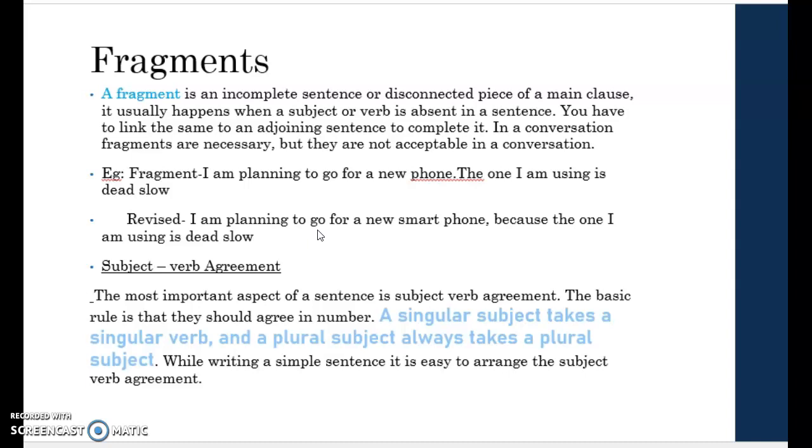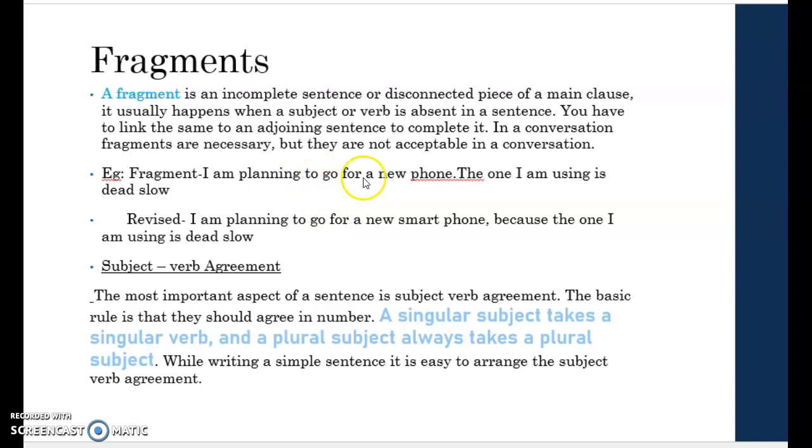This is needed in academic writing because fragmented sentences will not always make sense. The easiest way to avoid fragments is to remove the full stop and connect the two sentences using some kind of linking word, like because over here. Now the second section makes much more meaning than the first section.